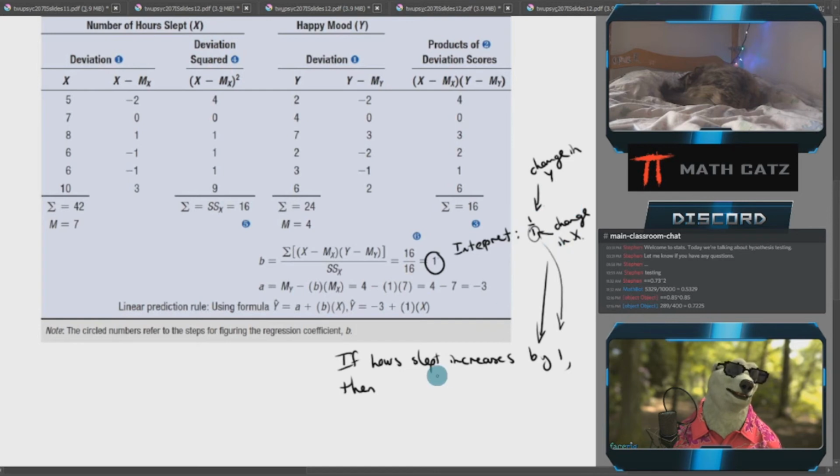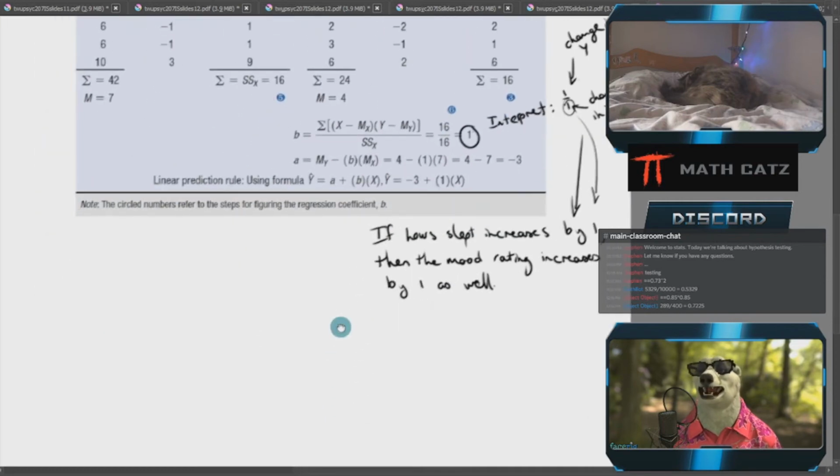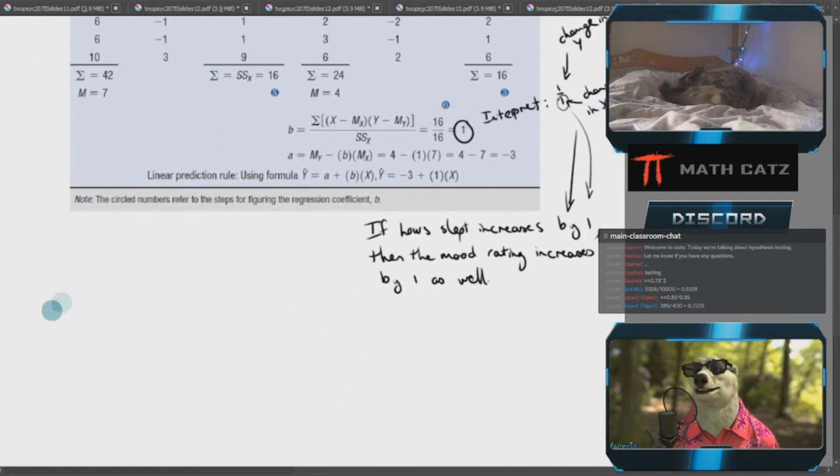Now in this case, they're both 1. We'll mix it up in a second. Then the mood rating increases by 1 as well. Of course, that could be different. Let's look at some examples here.